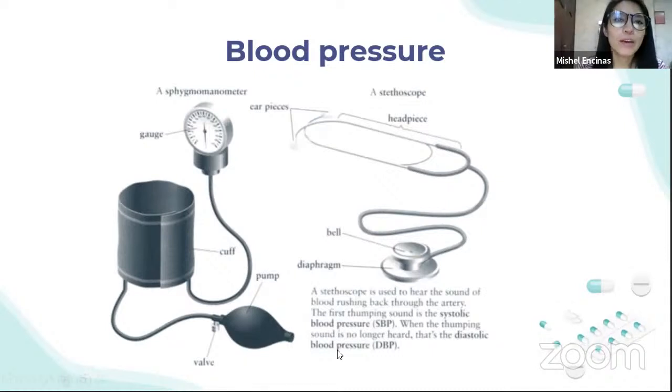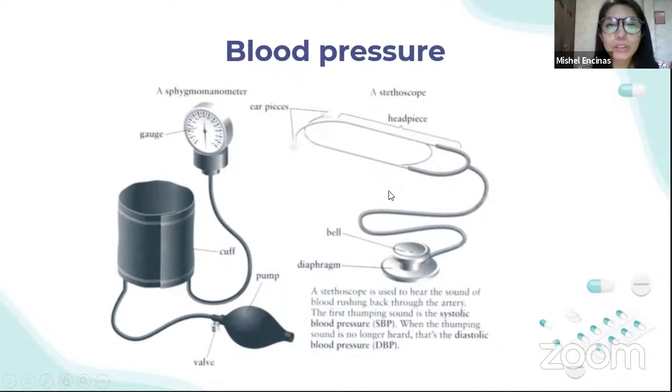So we have the parts of a blood pressure monitor or sphygmomanometer, right? And stethoscope, sorry. A sphygmomanometer will be almost the same in Spanish, right? We have the gauge, the cuff, the valve, and the pump, okay?